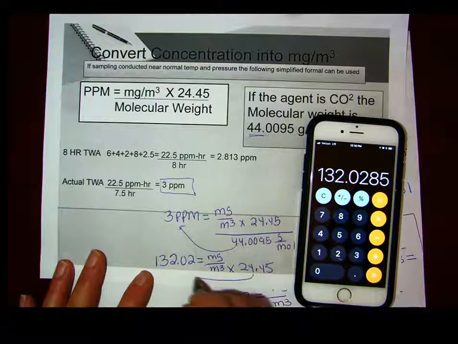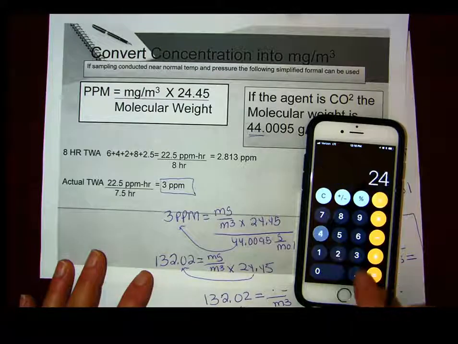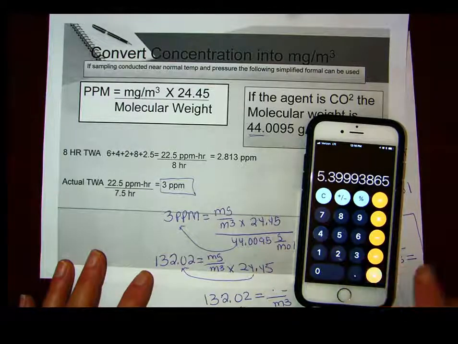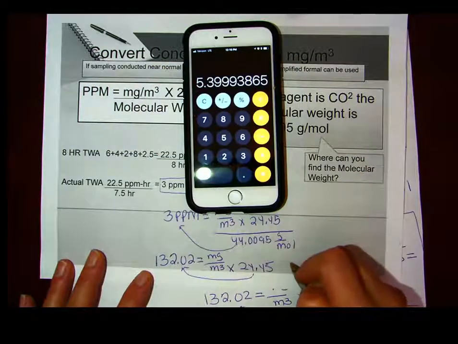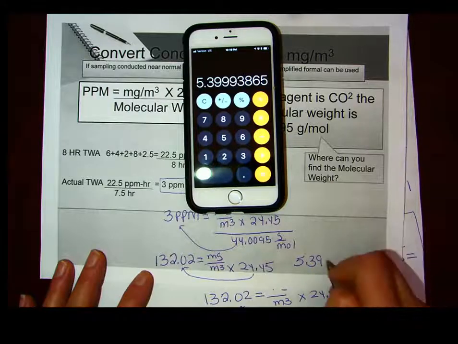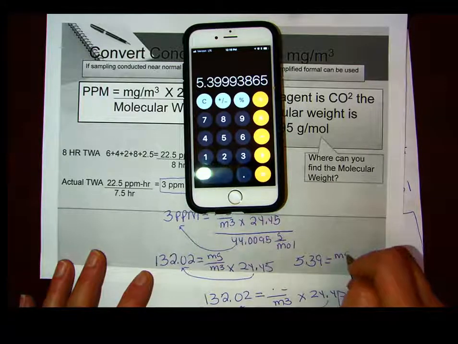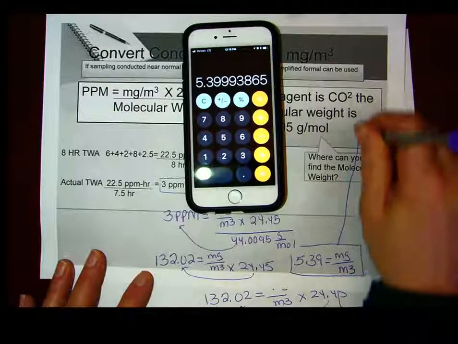And I need to bring this over through division. So now I have the answer of 5.39 equals 9 milligrams per meter cubed of CO2.